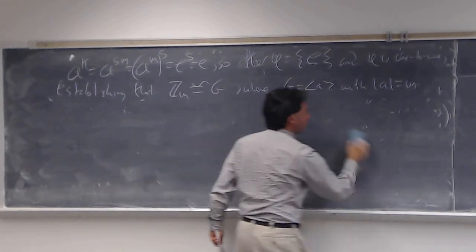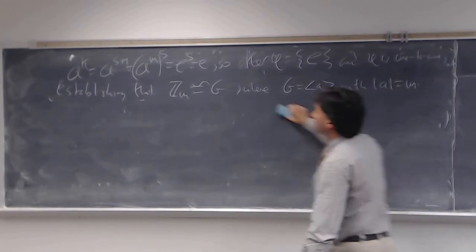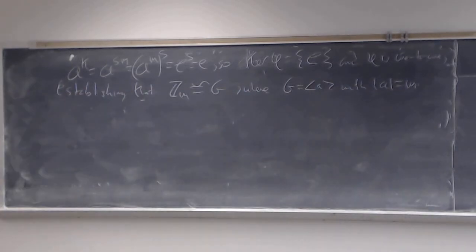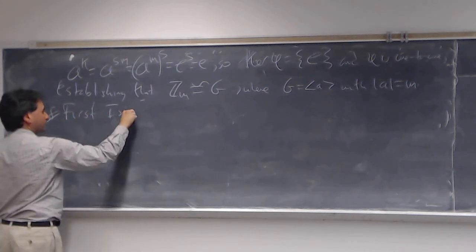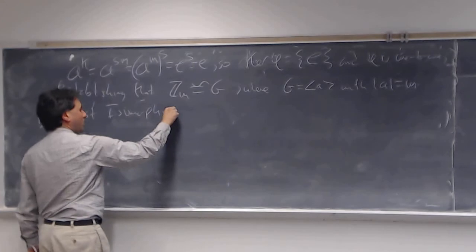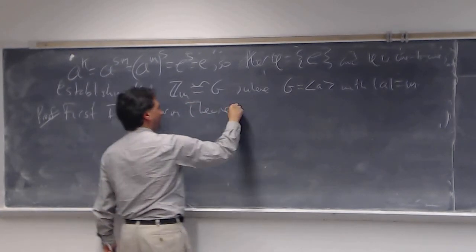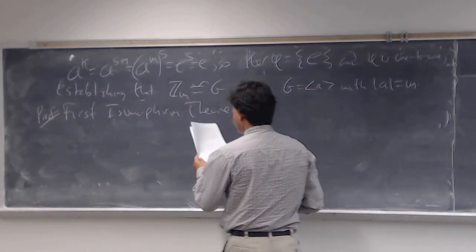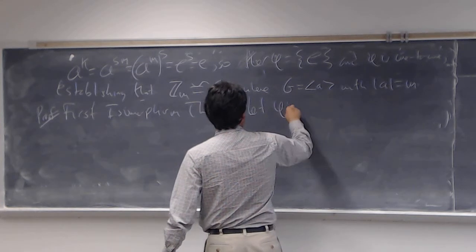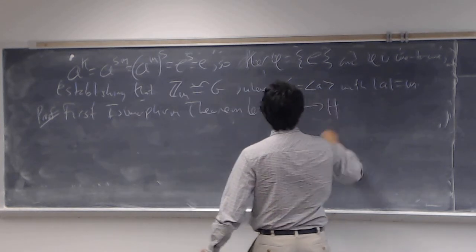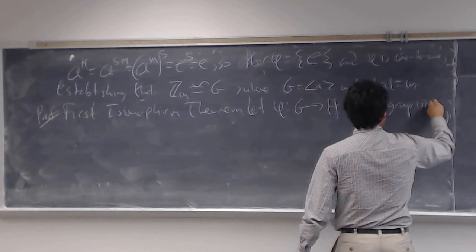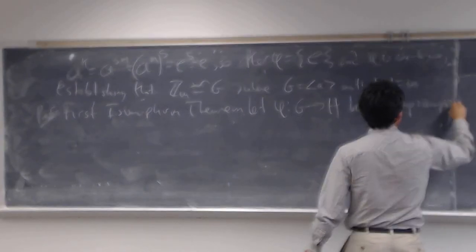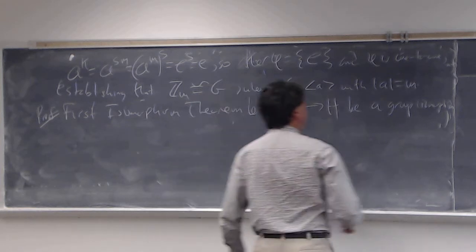Okay, so we're now going to prove what's called the first isomorphism theorem. So let phi from G to H be a group isomorphism. Oh no, let me get, it's not.